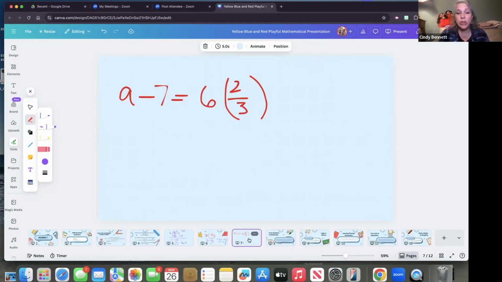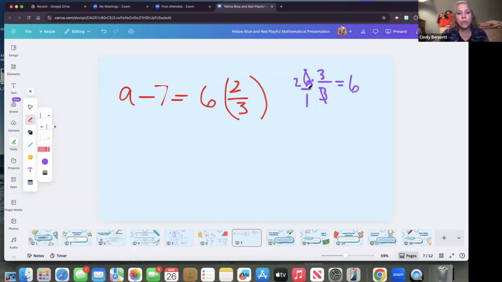Here's another equation. We have 6 times 2/3. So now you need to know your multiplication of fractions. So we're going to put 6 over 1. And we're going to simplify this side first. So 6 divided by 3 is 2. 2 times 3 is 6.